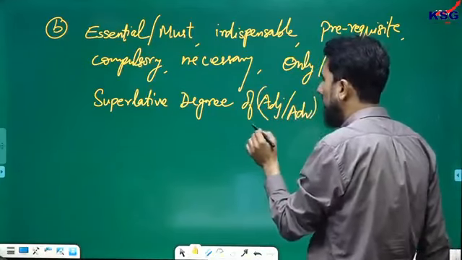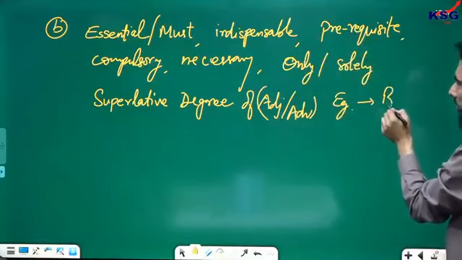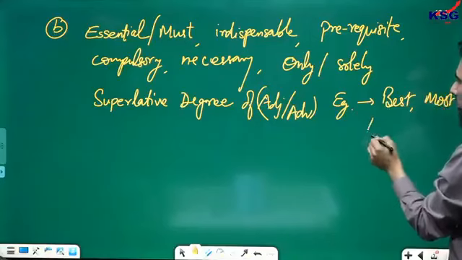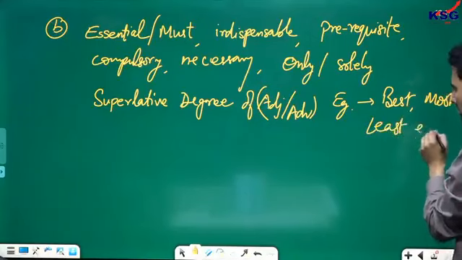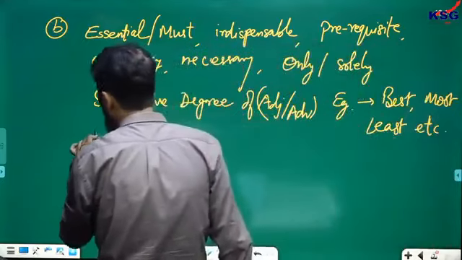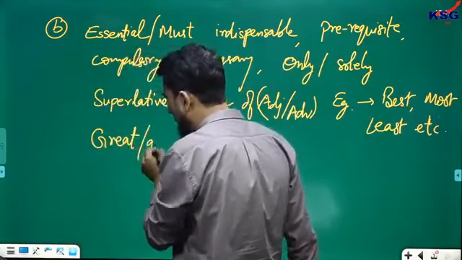For example, words like best, most, least, etc. Then they use quite often words like great or greatly.